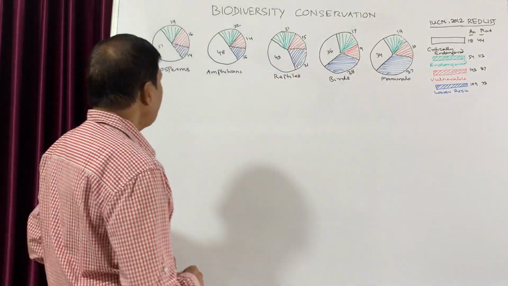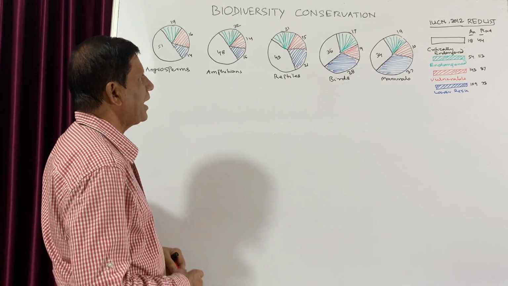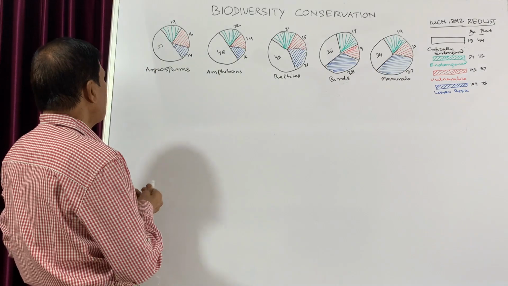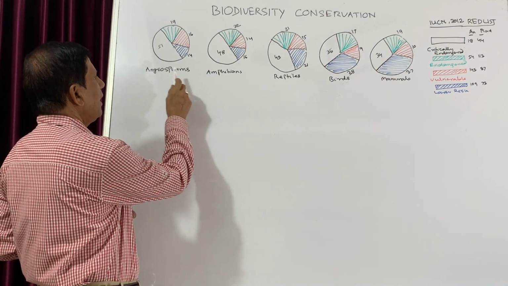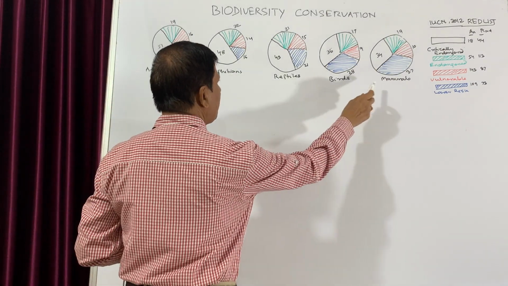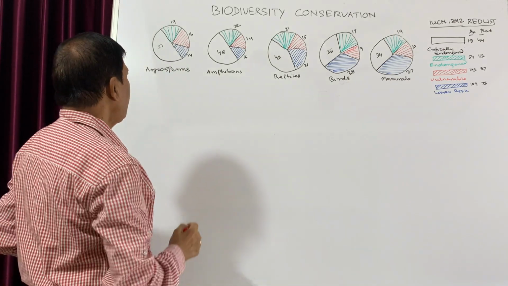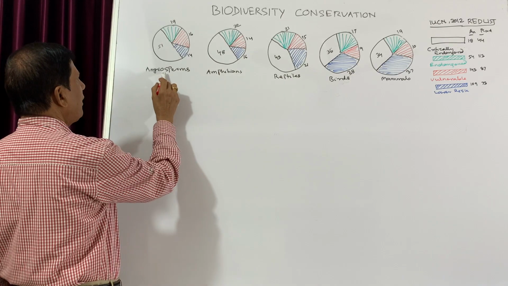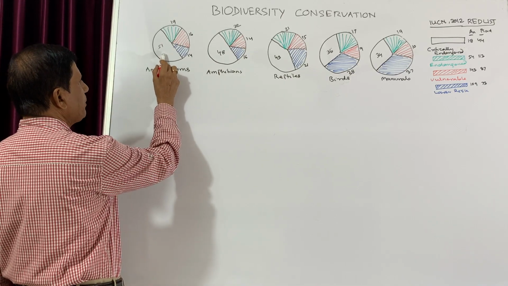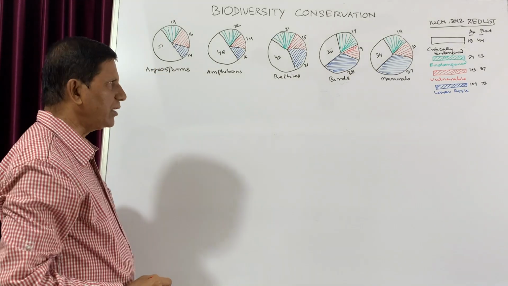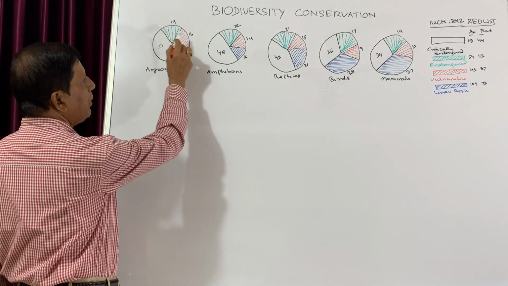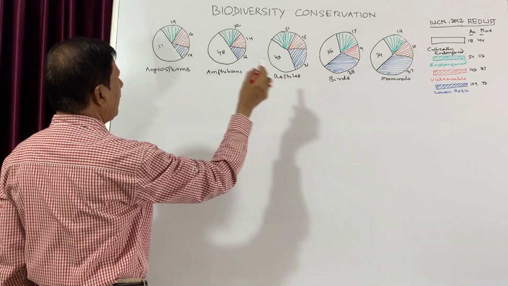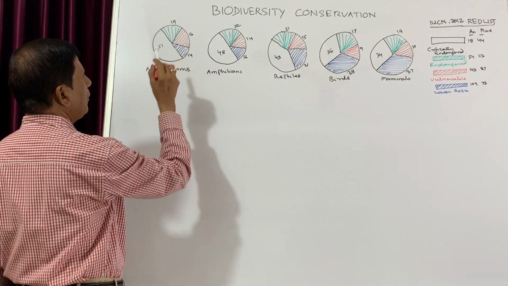And again, in these 5 diagrams you can see, the diagrams are for angiosperms, amphibians, reptiles, birds and mammals. Here the black one is critically endangered. Among angiosperms, 51 species are critically endangered, while the green one, 19 species, are endangered, red one vulnerable, and this is at low risk.